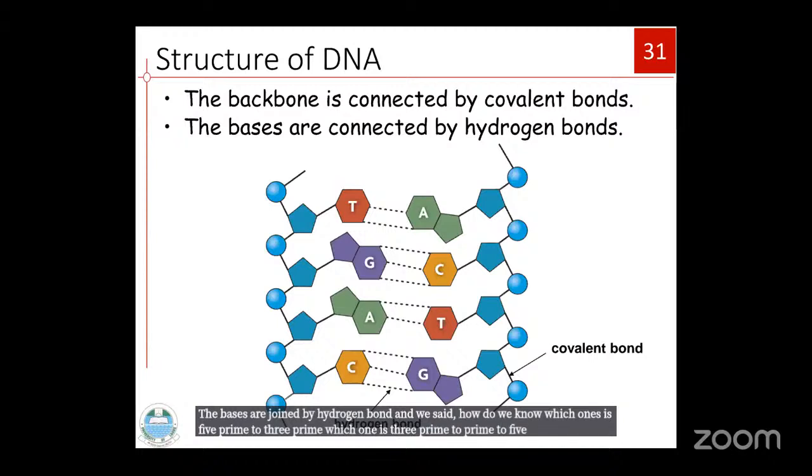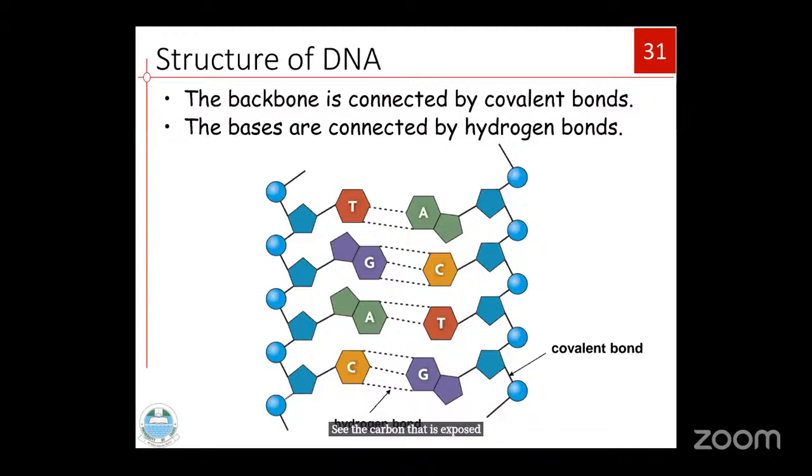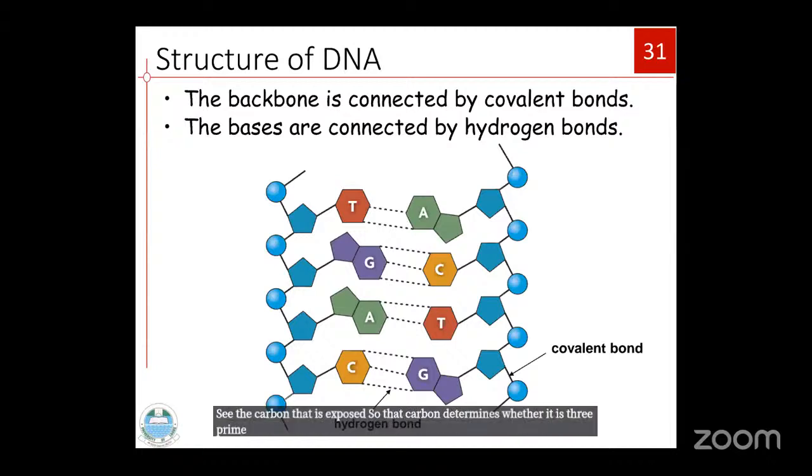We look at the sugar and see the carbon that is exposed. So that carbon determines whether it is 3' or 5'.